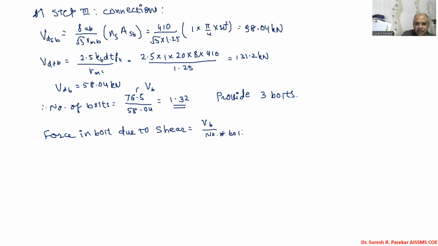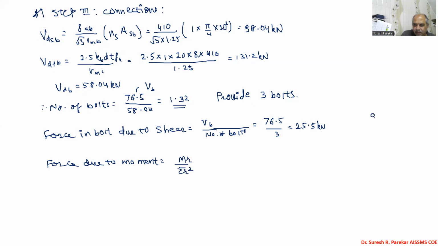VB we have 76.5 divided by 3, and this comes to 25.5 kilonewtons. And then force due to moment, which is equal to M r upon summation r square.